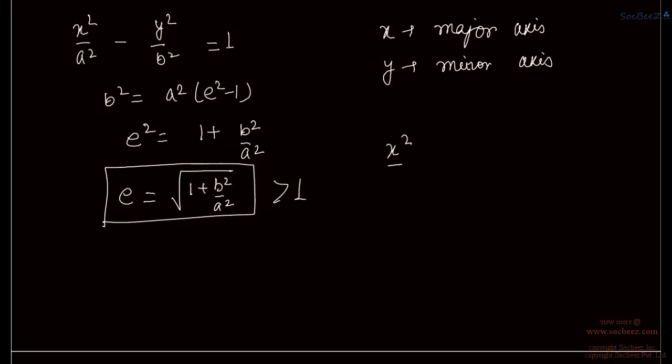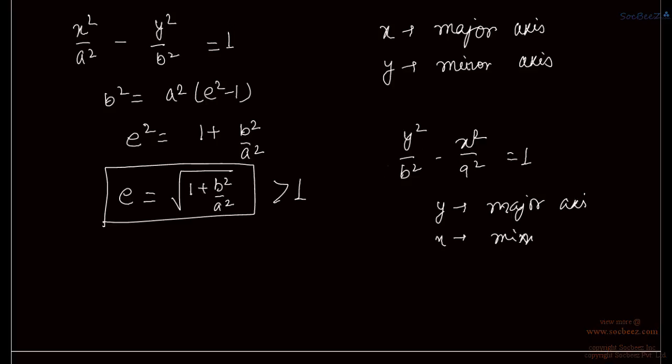And if the equation is y square upon b square minus x square upon a square is equal to 1, then here y is the major axis and x is the minor axis, and here a square is b square e square minus 1.